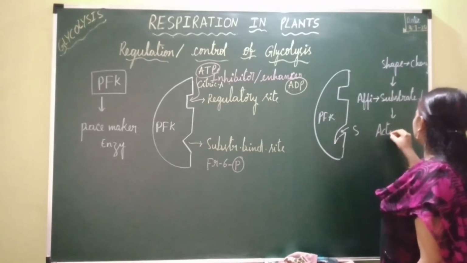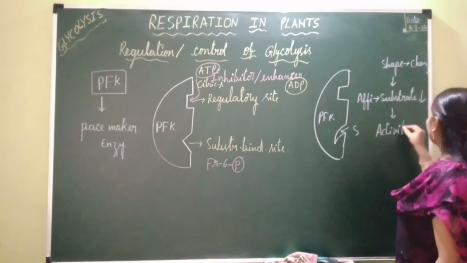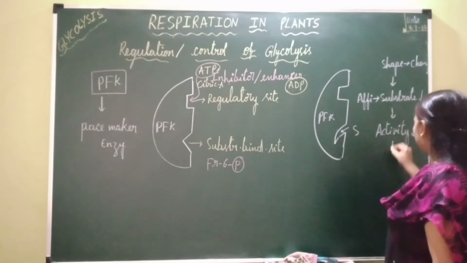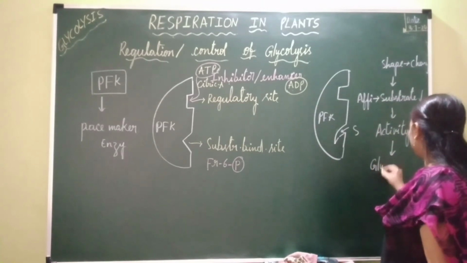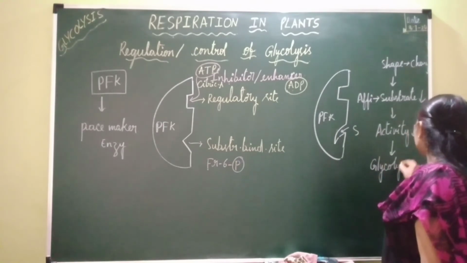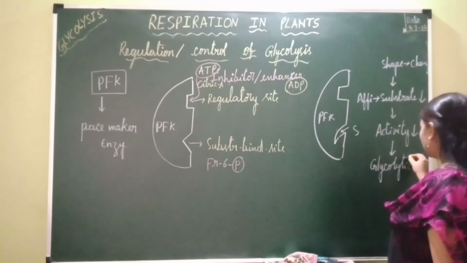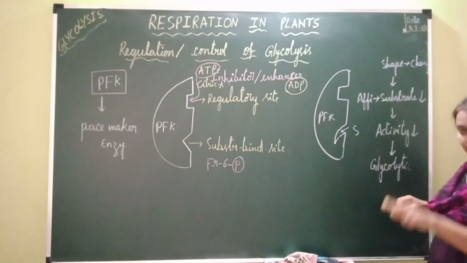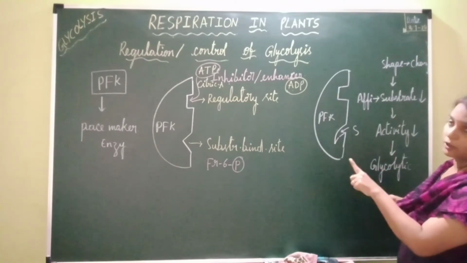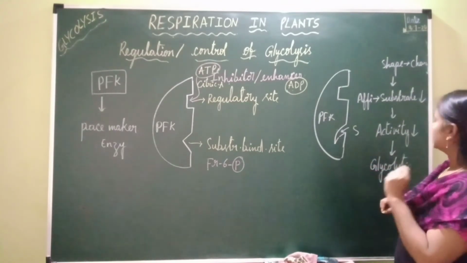So when the activity of this enzyme is decreased, the rate of glycolysis will be decreased. So like this, the enzyme phosphofructokinase is involved in inhibiting, controlling, regulating glycolysis.